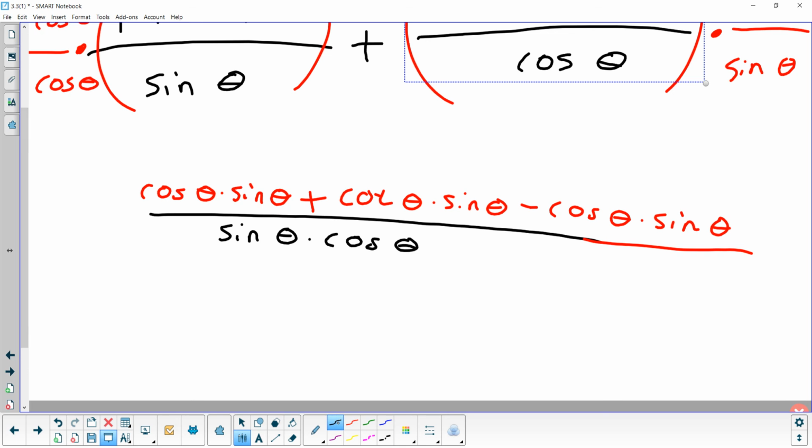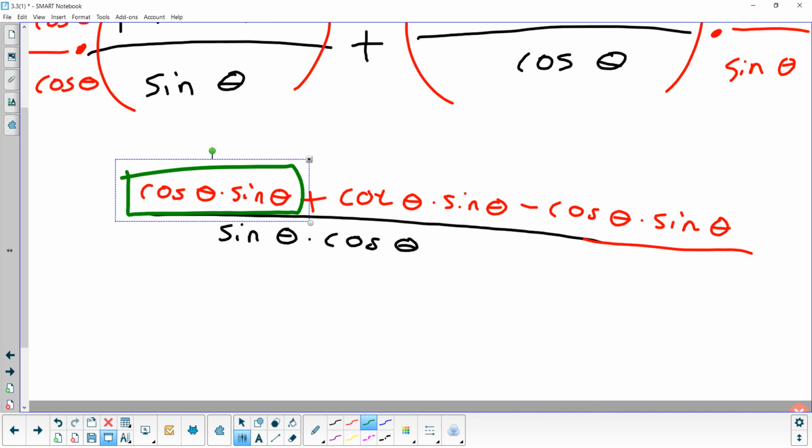So the cosine times the what? And the negative is theta. Okay, and remember, when you're multiplying, this whole thing is stuck together. These are like best friends. You can't break them up. Yeah, so we have a cosine times sine, and we have a negative cosine times sine.